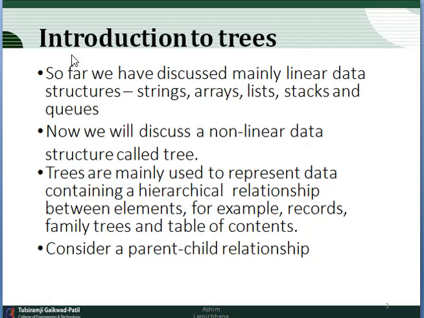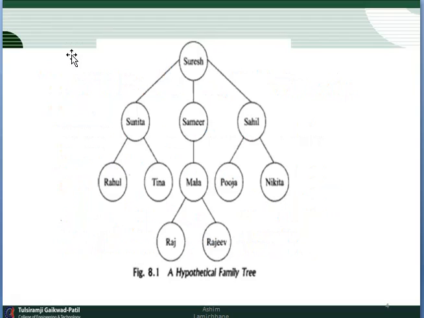In the next slide it looks like this: a simple family tree diagram. Suresh is the parent node who has three different children, that is Sunita, Samir and Sahil. They again have certain children with them.